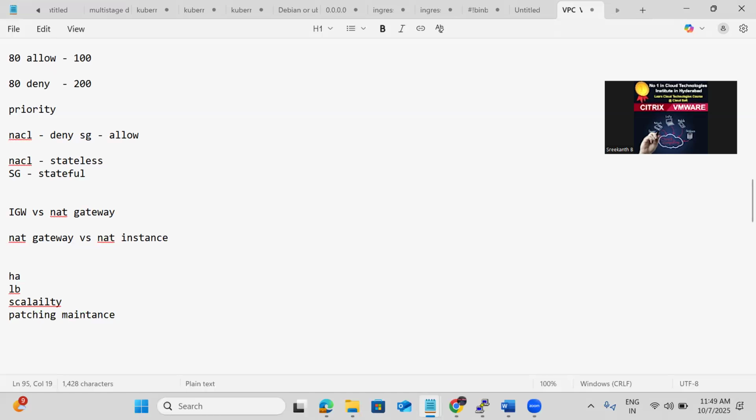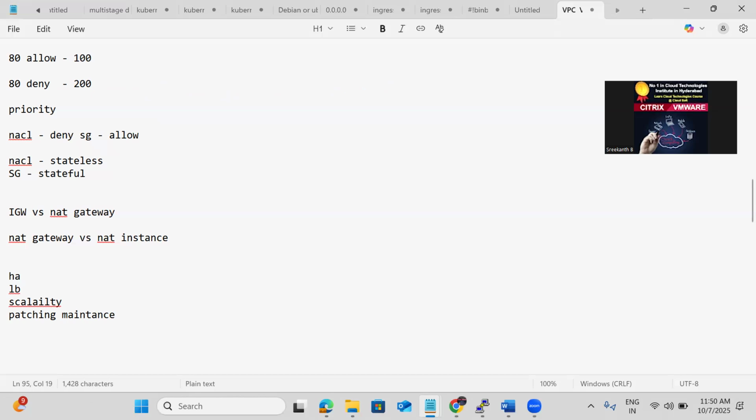Any doubts on this? If it is a NAT instance, then high availability, load balancing, scalability, patching, and maintenance, we need to take care of ourselves. In real time, whether we use a NAT gateway or a NAT instance depends upon the requirement.